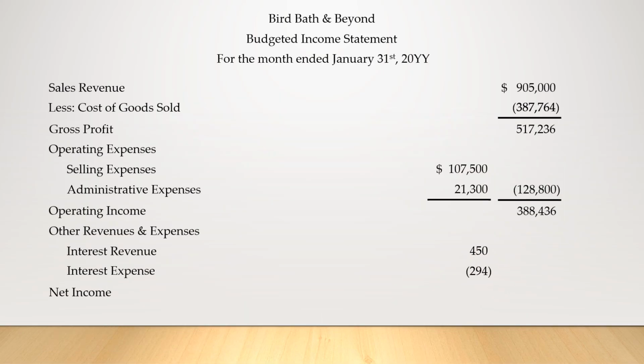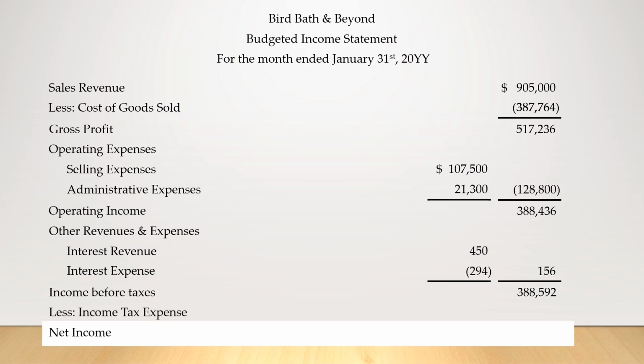Thus, we have a net other revenue of $156, giving us a net income of $388,592. Unfortunately, we're not done. You may have noticed in the previous slide an income tax rate of 25%, meaning we must deduct our income taxes. Consequently, this amount is not actually net income, but rather income before taxes. Subtract from this number the income tax expense, and we're finally at net income.